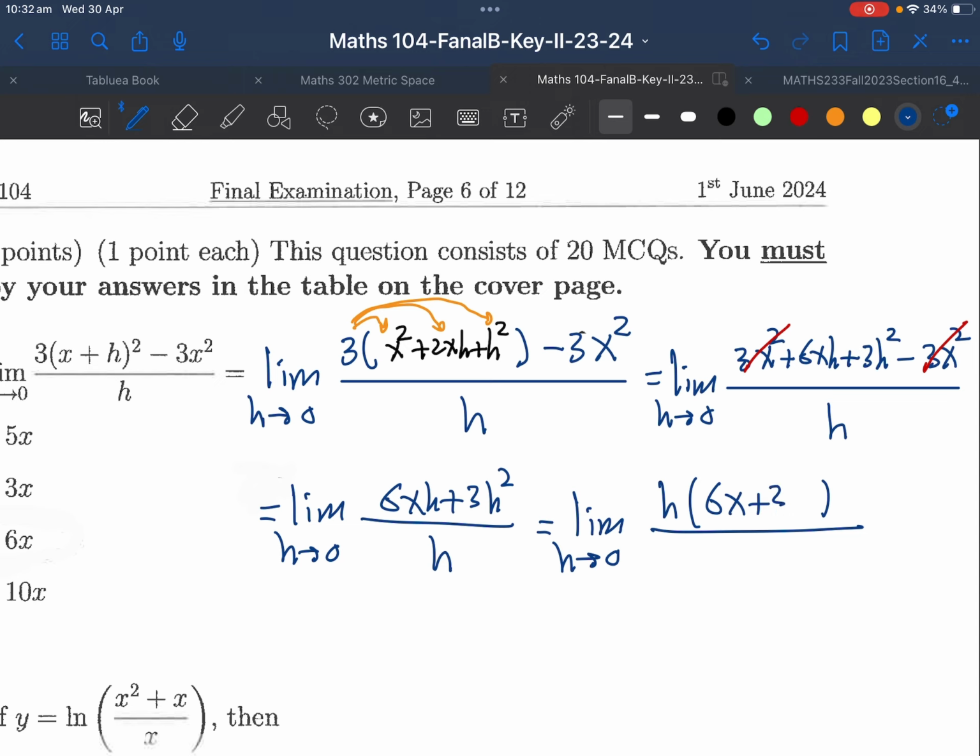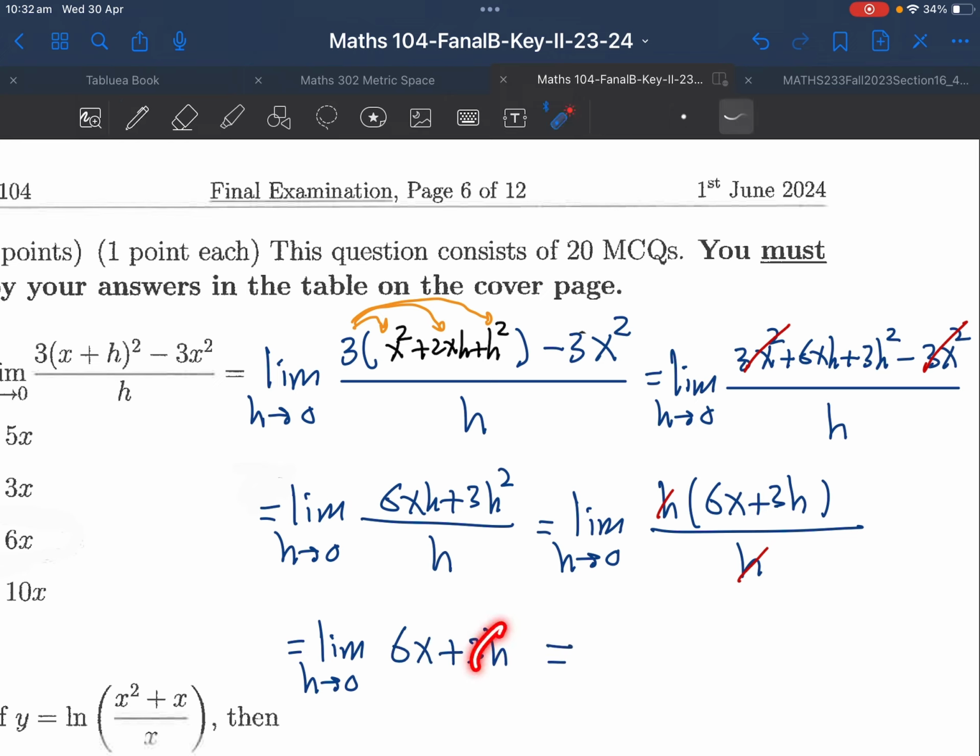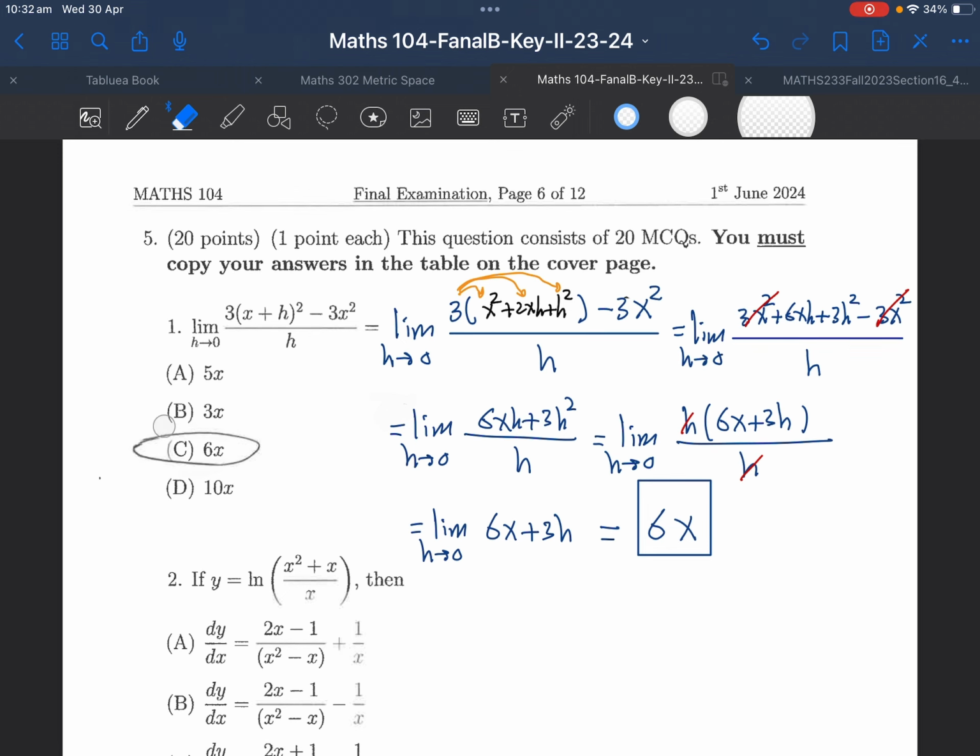We get 6x plus 3h over h. Cancel h with h. And now we get 6x plus 3h. Now the final step, just substitute h equal to 0. So we get 6x as the final answer. And that's the answer here.